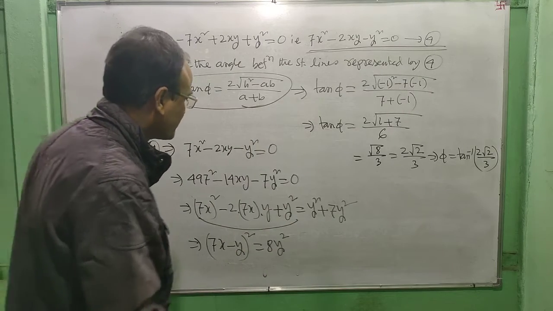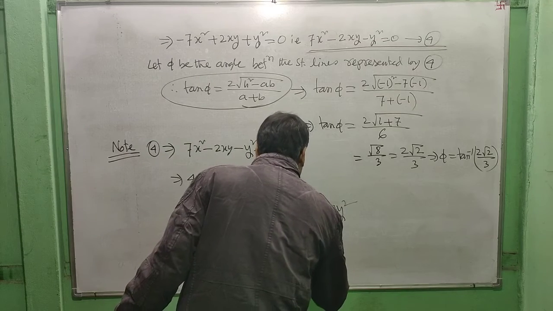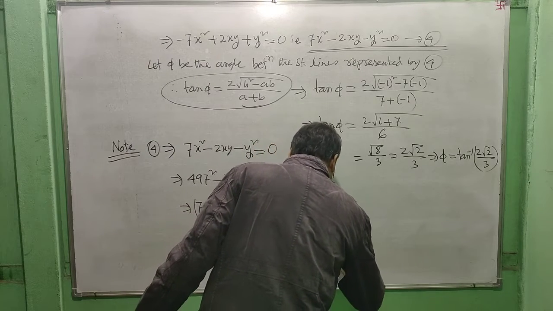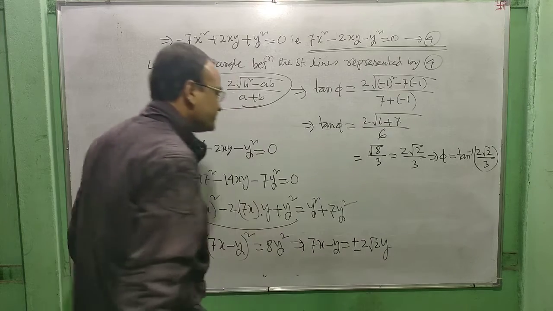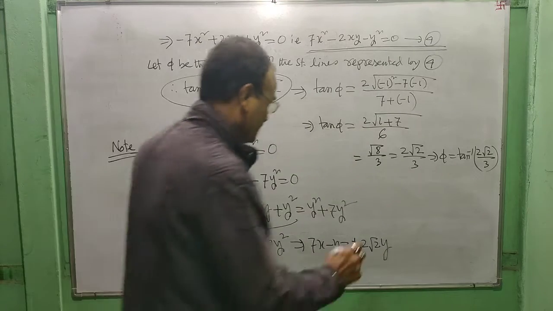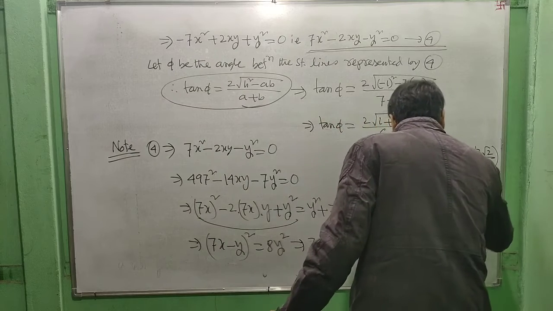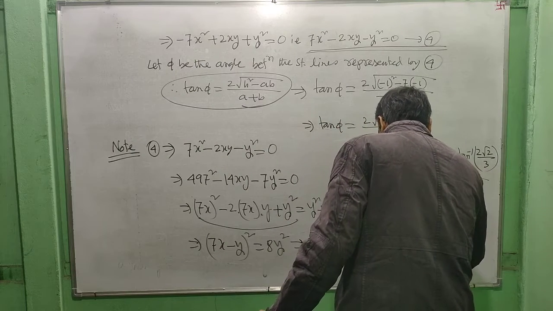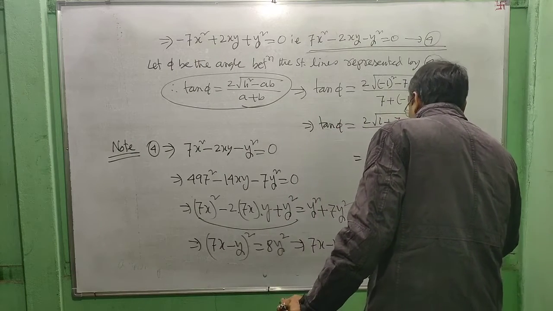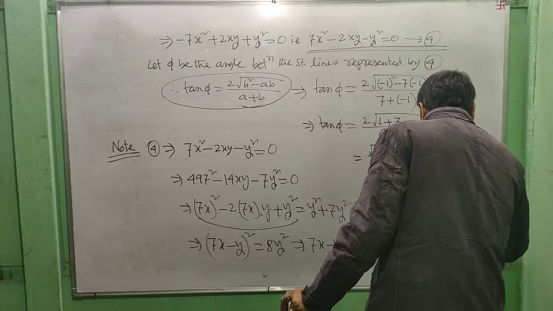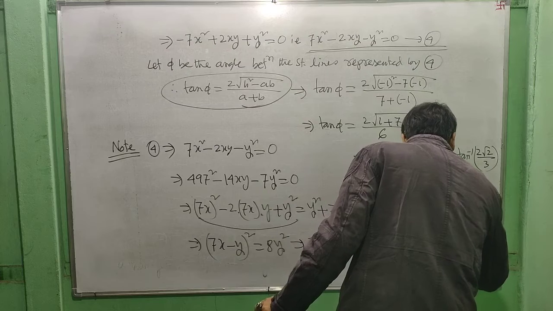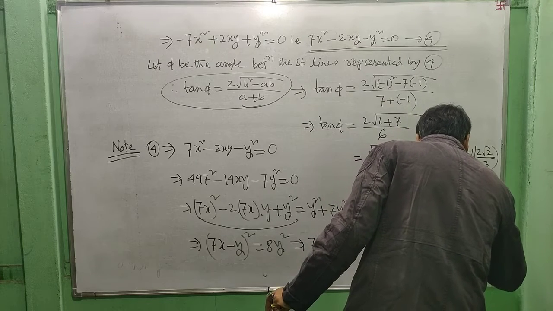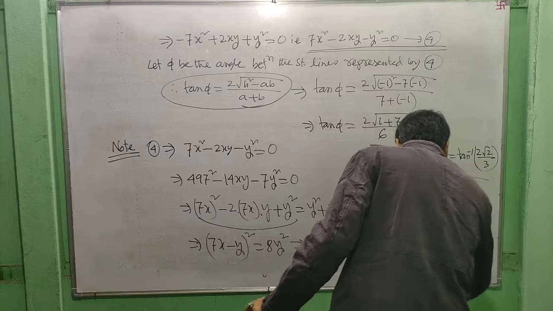This means 7x minus y equal to plus minus 2 root 2 y. Or 7x equal to y plus minus 2 root 2 y, this is equal to 1 plus minus 2 root 2 into y.